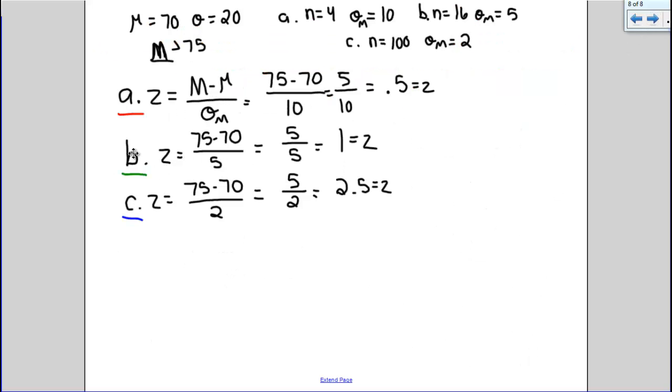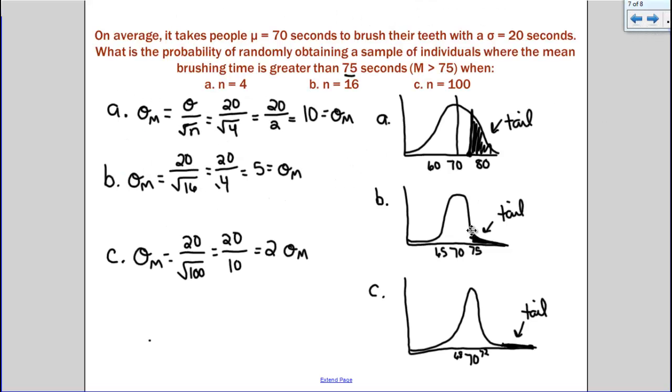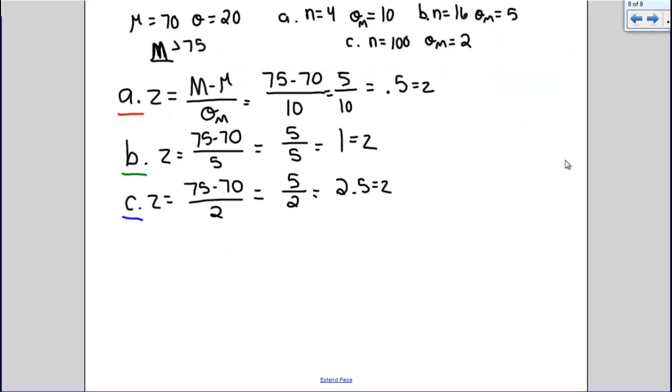So for part B, 75 is one standard error away from the mean, right? So when you look at the picture, it's right where you would expect, at the high end of where you would expect means to fall. Then a 75 in this distribution has a really large z-score because it's rather extreme, right? It goes way out past the range of sample means you would expect to see just due to chance.